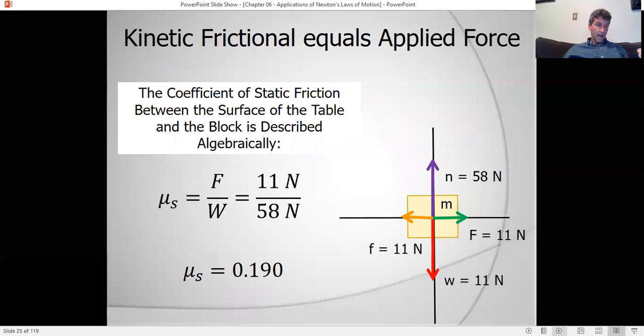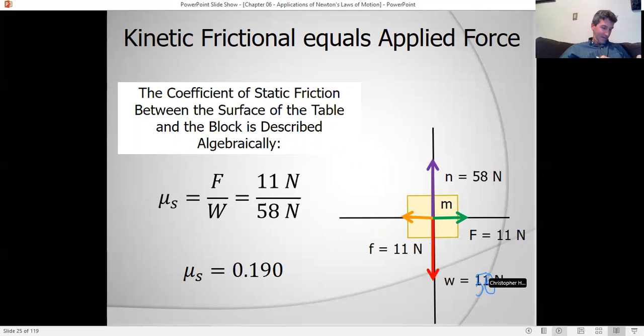Now, if I want to measure the coefficient of static friction, I will put just enough applied force on it to get it to move, such that my frictional force will just give out before the block moves. Let's say the weight of the block is 58 newtons.